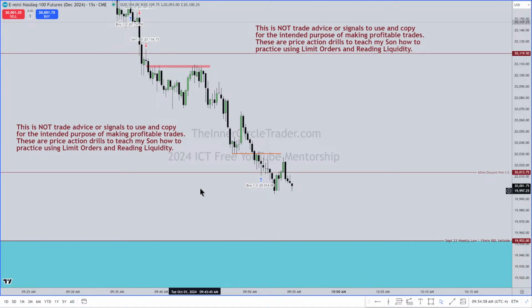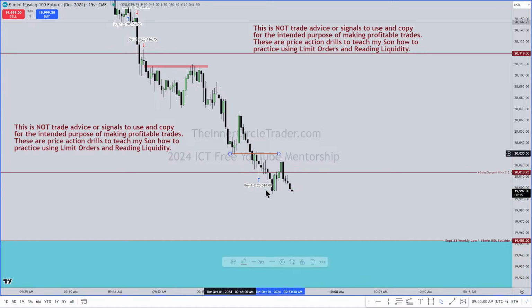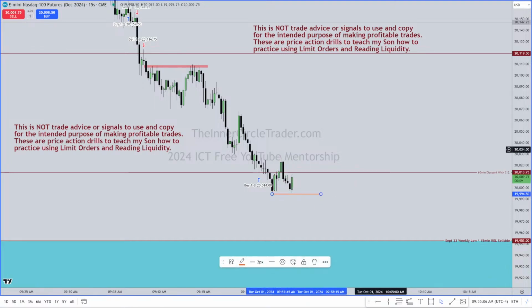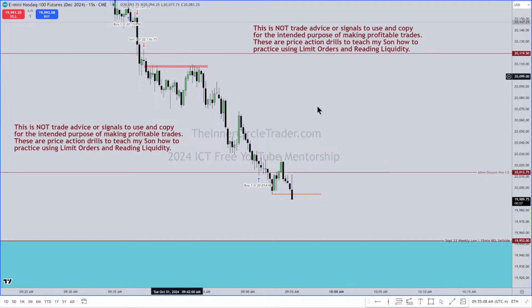All right, so here we have another low. When I have my notes, it may not give me a fair value gap. It may just plow into the relative equal lows now.